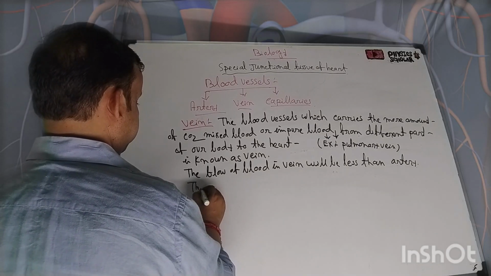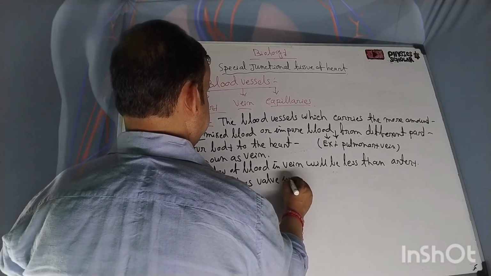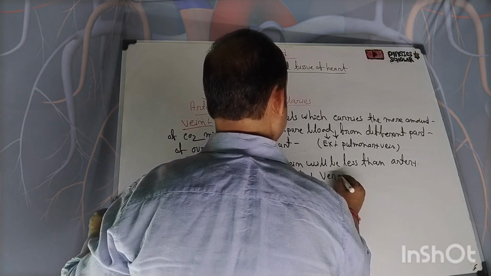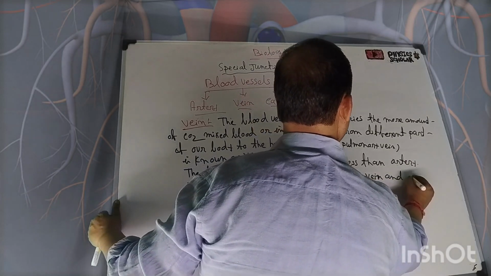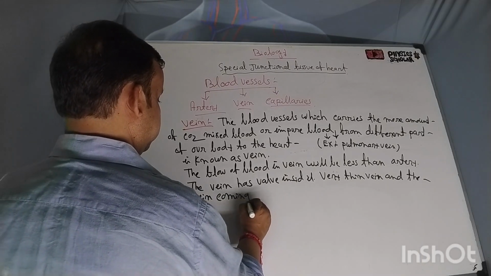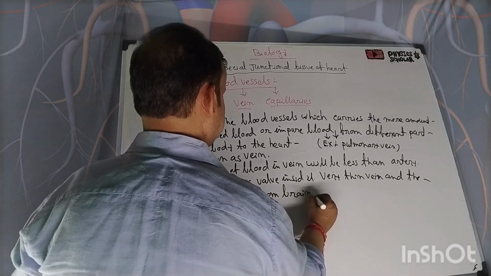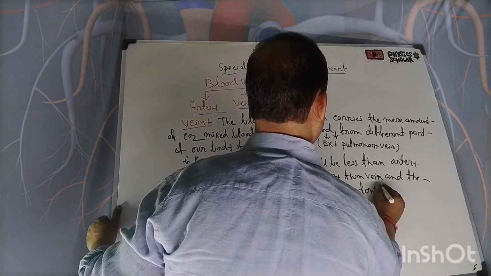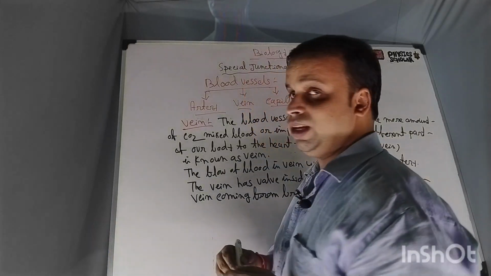The vein has valves inside it, except very thin veins, and the veins coming from the brain basically don't have valves.